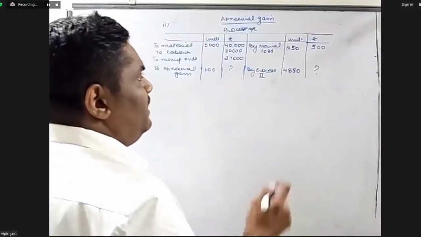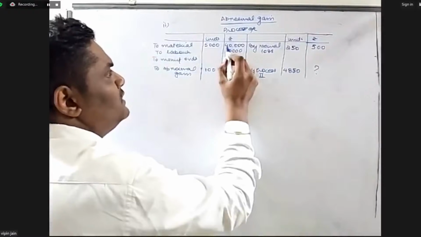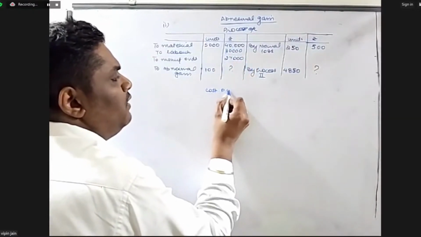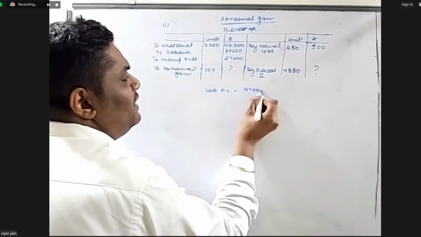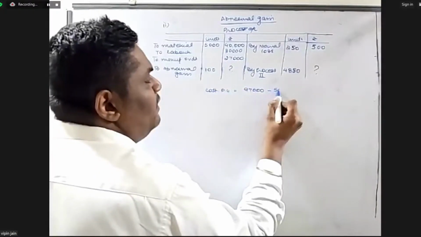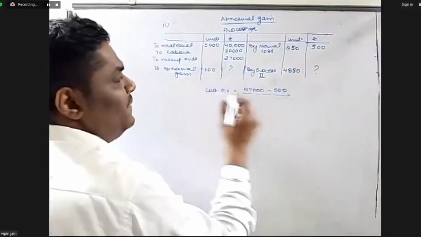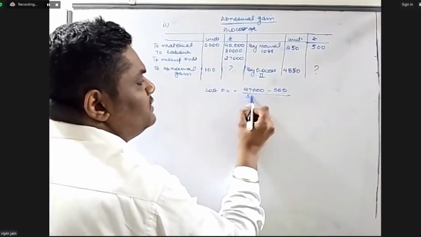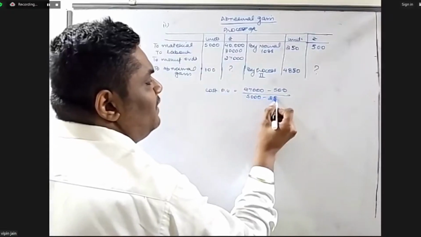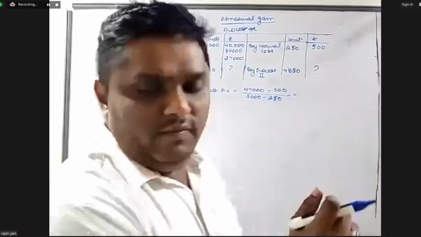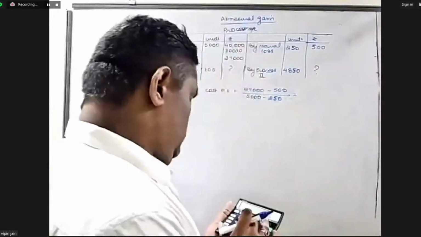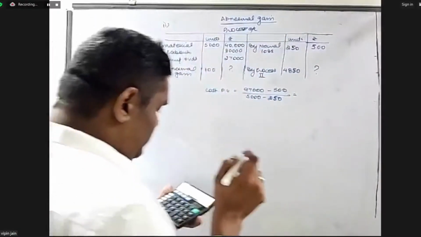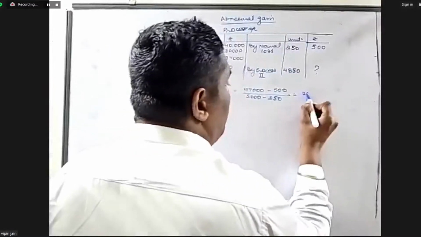Again, the product cost will remain unchanged. The same way we will calculate the product cost, that is calculation of cost per unit. That is 97,000 minus 500 divided by my expected output, that is 4750. That is 5,000 minus 250. We'll get the cost per unit. That is 96,500 divided by 4750. So 20.316.